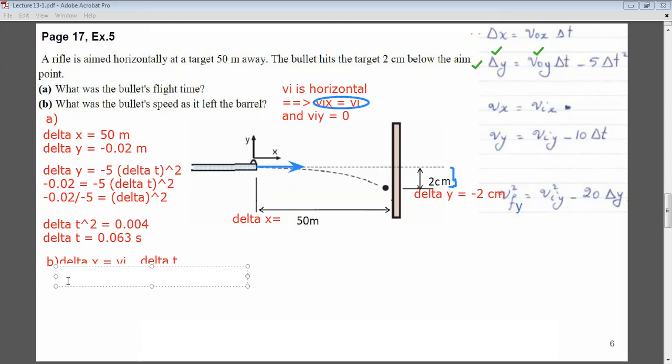Delta x is 50. This is equal to v initial times delta t, which is 0.063, which implies v initial equal 50 divided by 0.063, equal around 790 meters per second. So what we got is v initial, and this is the speed.